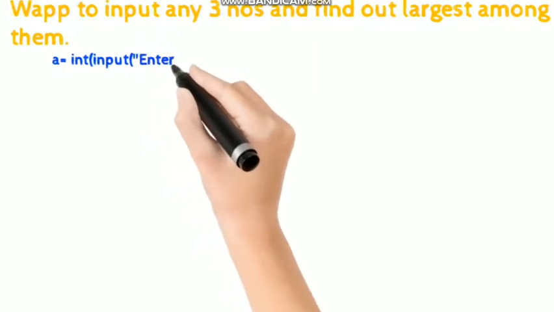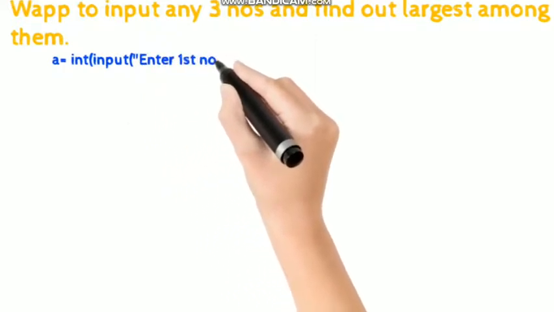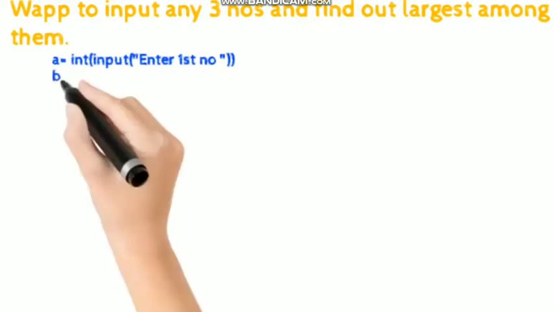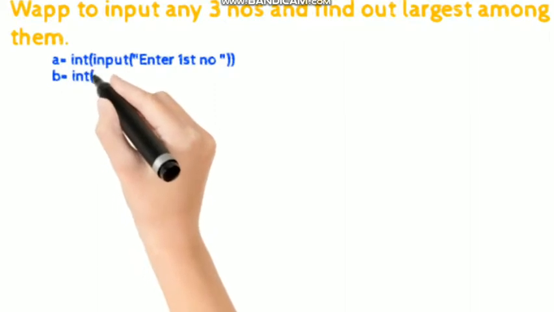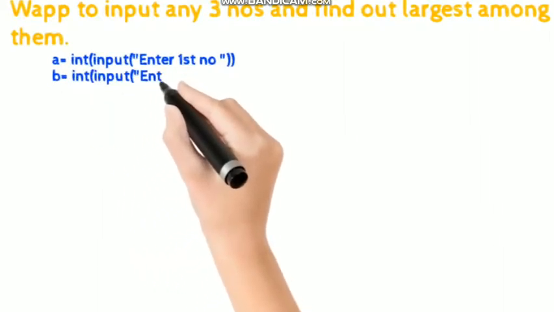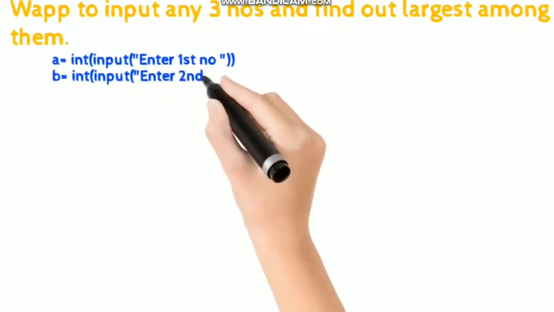So the statements written: a equal to int input function, enter first number. In the same way, b equal to int input, enter second number. Same way, we take the third variable as well, c equal to int input, enter third number.